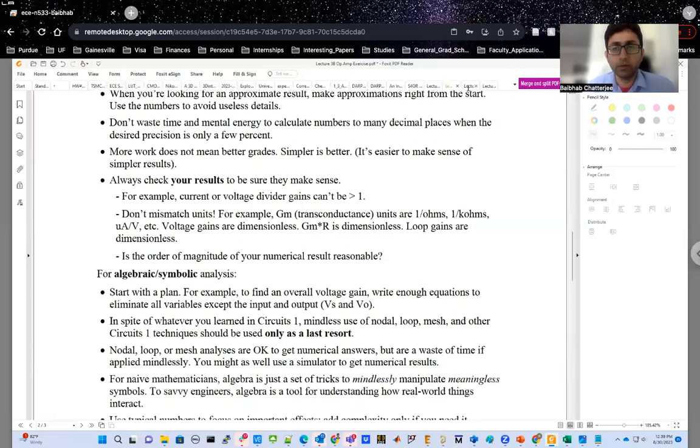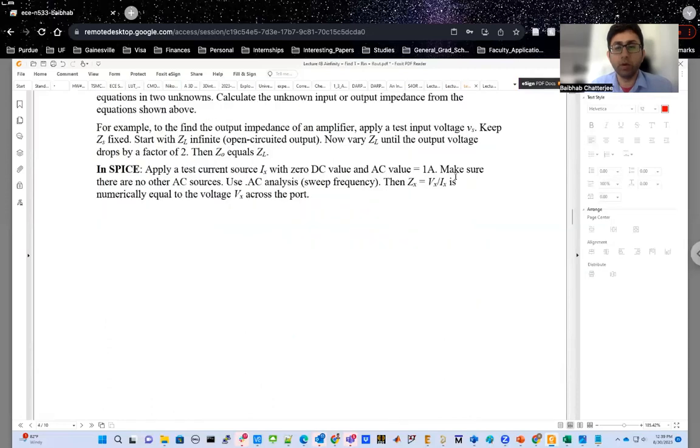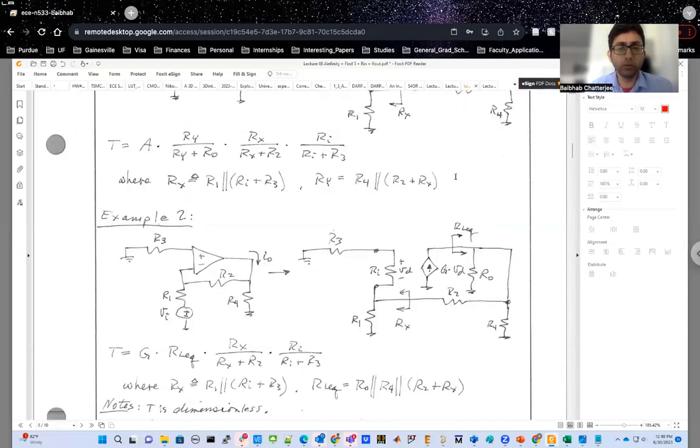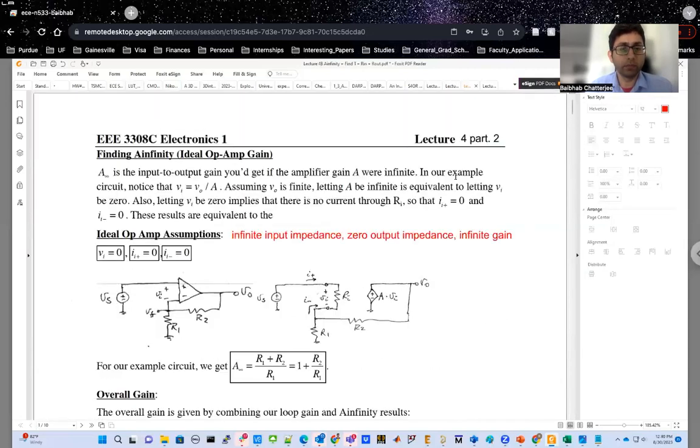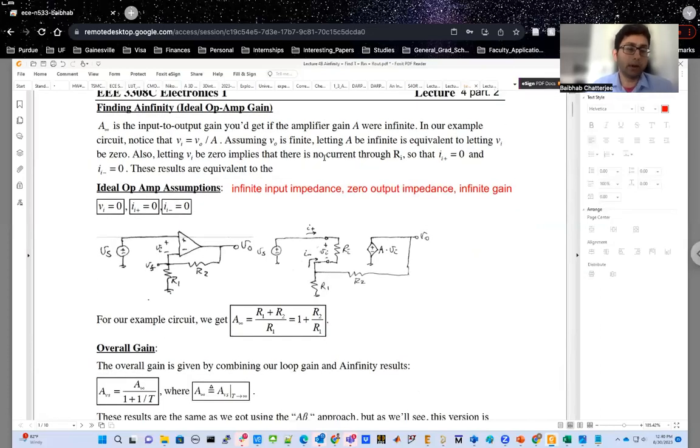All right. So with that, we'll move to the next part where we are going to talk about the details of analyzing feedback-based circuits. Right now, what you have seen is a very simple example of how you can do the nodal analysis and the feedback-based analysis and come to the same equation.